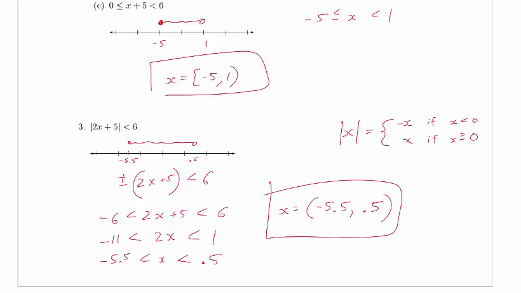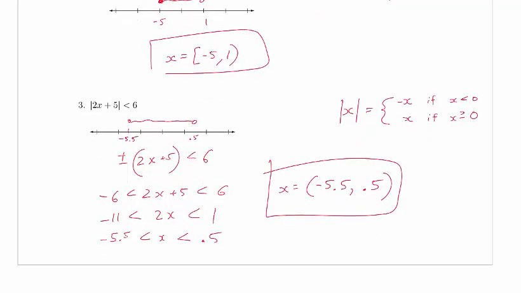Alright, that's basically how you'd work these absolute values. How about we look at one that will be a little bit of a trick question I want you to think about. What if I said the absolute value of 2x plus 3 is less than negative 1.